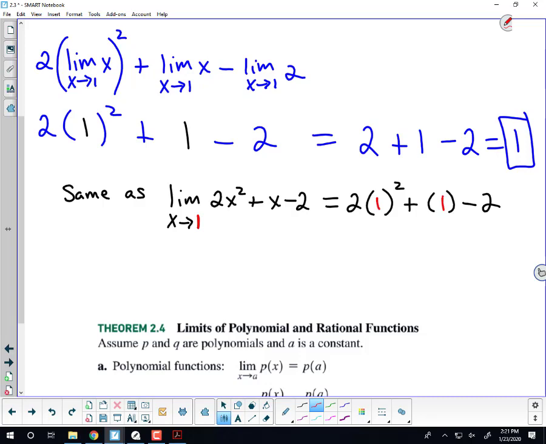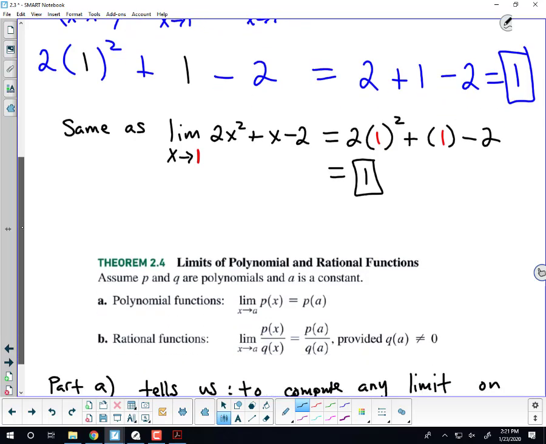Same thing as just plugging 1 directly into that. We could do that with other polynomials, but I think the point is illustrated.